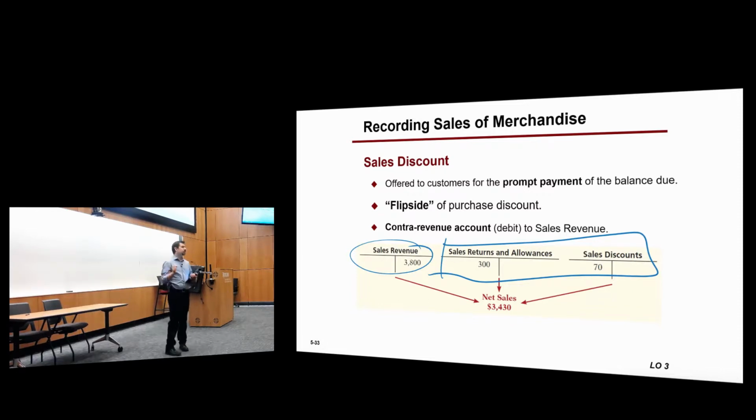On the financial statement, it will look like sales revenue less sales returns and allowances, and then less sales discounts. That will give you net sales. You subtract cost of goods sold from net sales, it will give you gross profit.